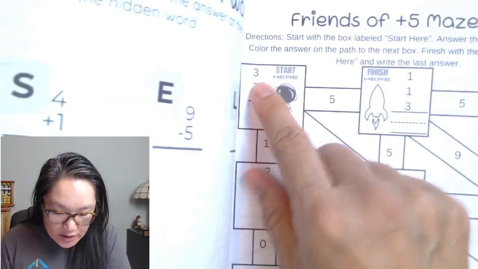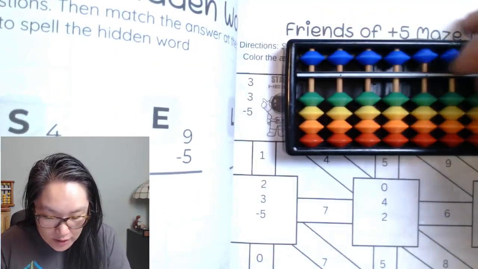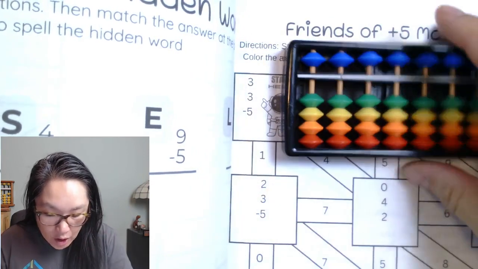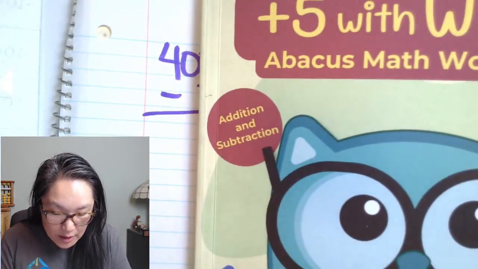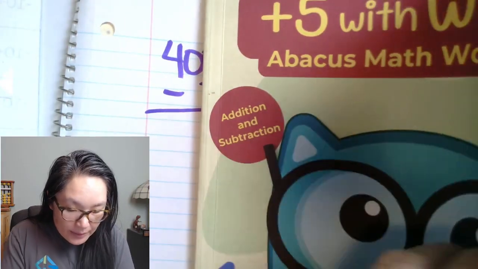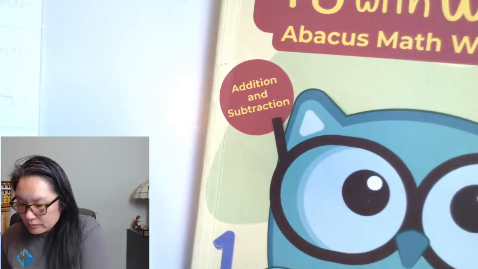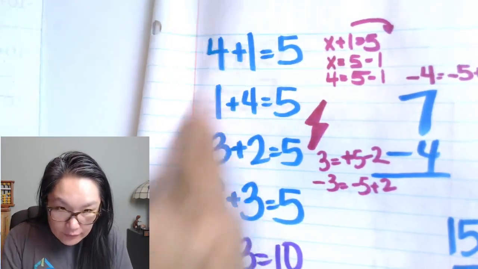So let's do this maze. The question is 3 plus 3. Again, this is building on what we know in this book. This book is only talking about the plus 5. That means we're only going to be working on this stuff. That's it. We don't go anything more than that.